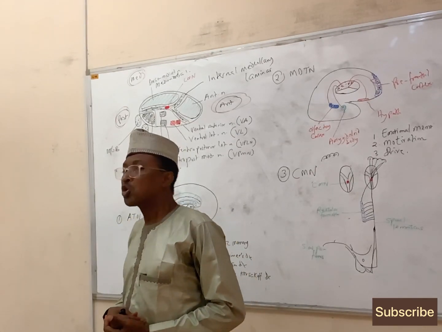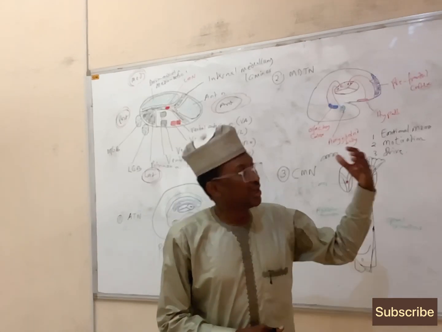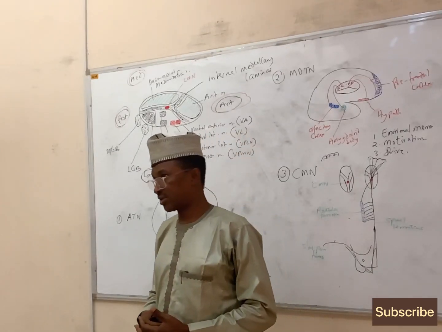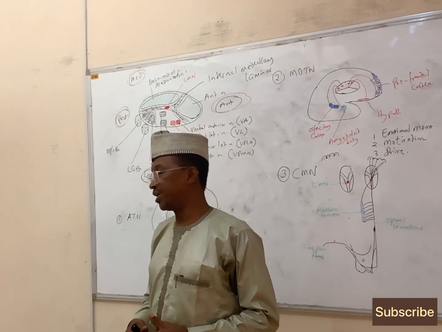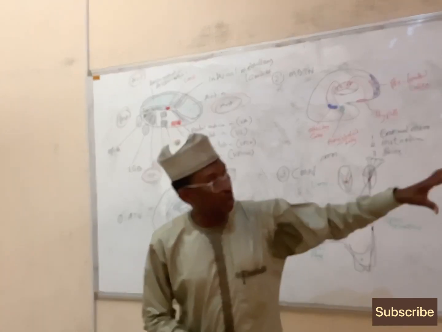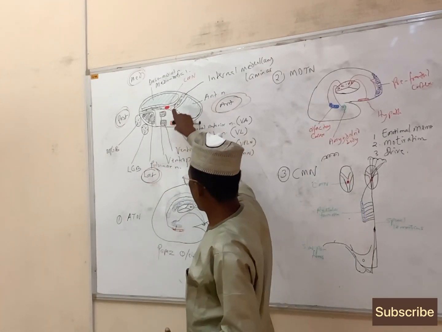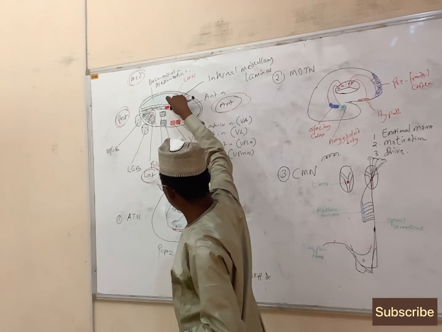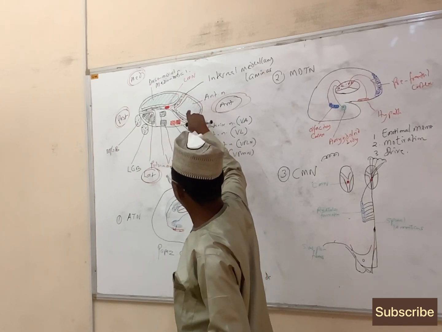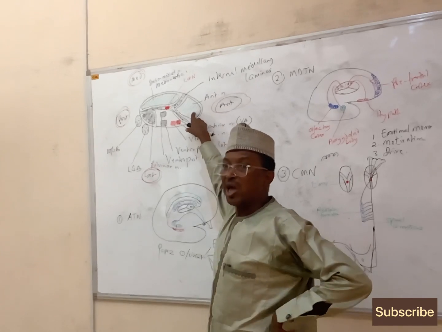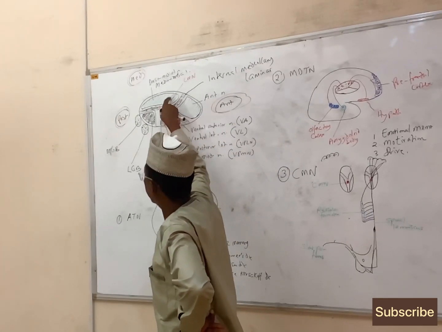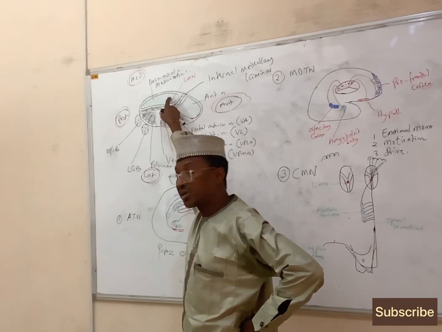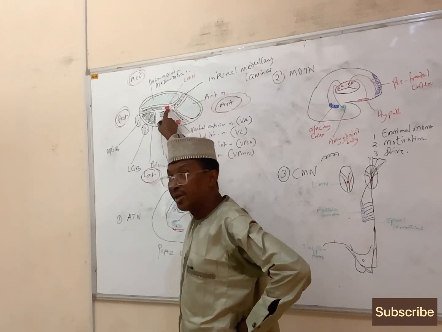So now, the limbic information that reaches the thalamus goes to the three groups of nuclei that I have already shown here: we have what we call the anterior thalamic nucleus, we have the dorsomedial or mediodorsal nucleus, and then we have the centromedian nucleus.